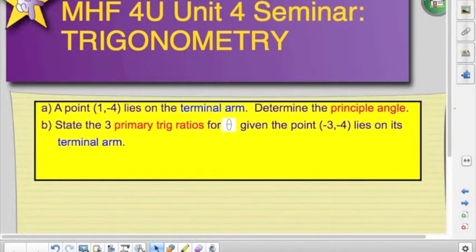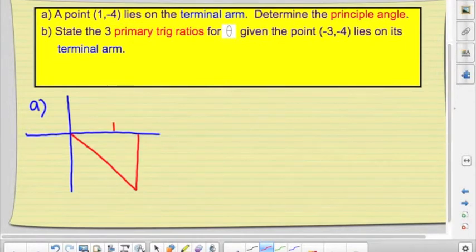Okay, let's do these ones. A: the point (1, -4) lies on the terminal arm. Determine the principal angle. B: state the 3 primary trig ratios for theta given the point (-3, -4) lies on its terminal arm. I'm talking about point positive 1, negative 4 first. Without having to figure out the radius, I can use the definition of tan.